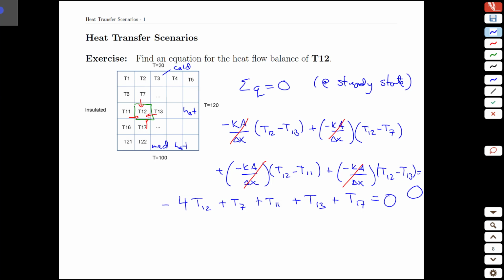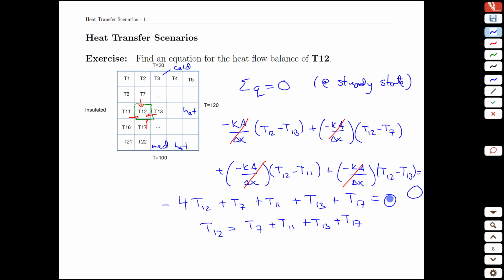That's an interesting mix. If we take a look at that, that makes a nice linear equation with the T's unknown, and this will be perfect for putting it in matrix form. Just for a sense of interpretation though, I'm going to regroup this and solve for the T12 part. T7 plus T11 plus T13 plus T17.